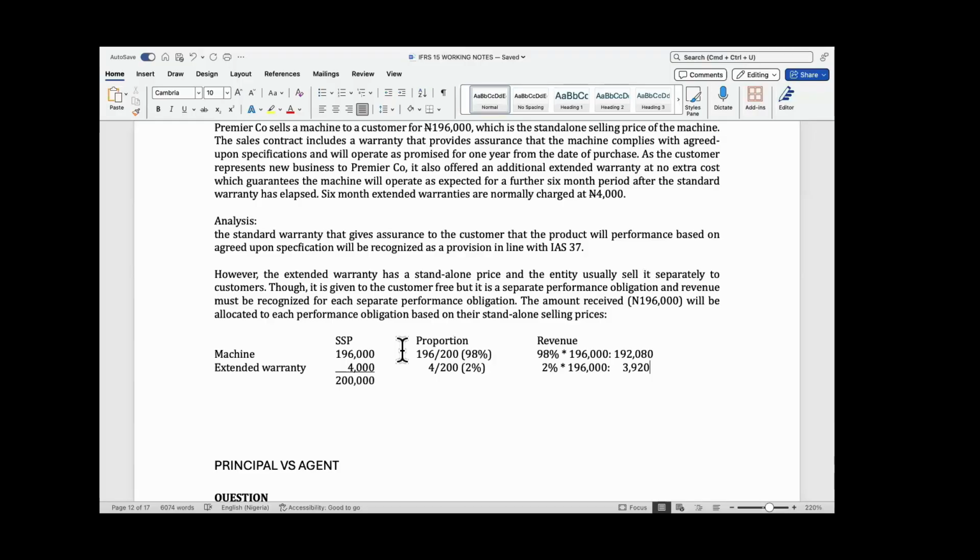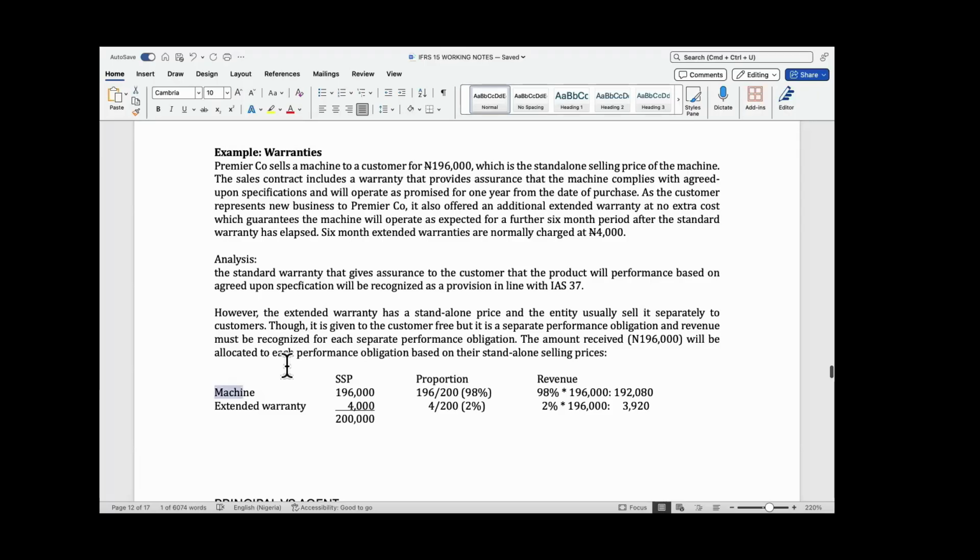Okay, I just want to be sure so that I would know whether it's something you don't understand or you were not around when we explained it. Okay, now I get it. What we're trying to do is that the money we received is actually 196,000, but since there is more than one service here, we sold a machine and we are giving an extended warranty, which ordinarily we sell. Even if we are giving it for free, it's okay.